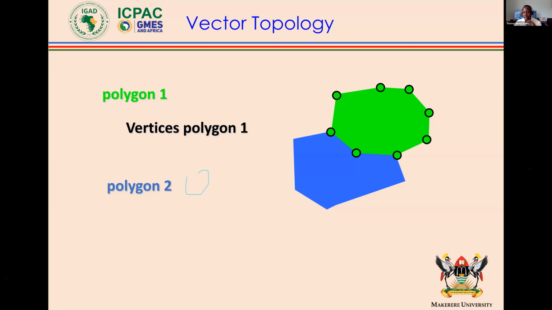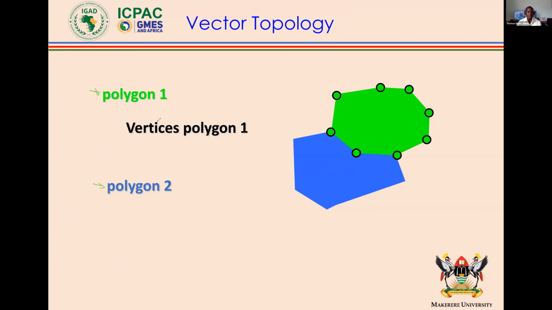Sure. Yes, Kato. Thanks. Okay, so we have polygon 1, which is in green, and polygon 2, which is in blue.